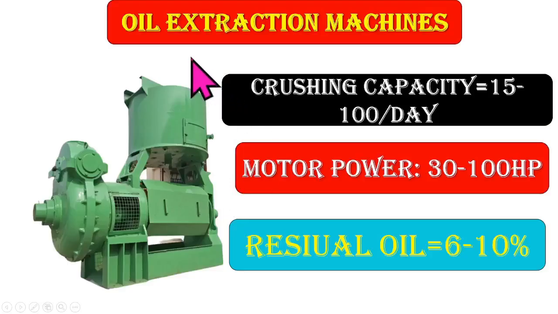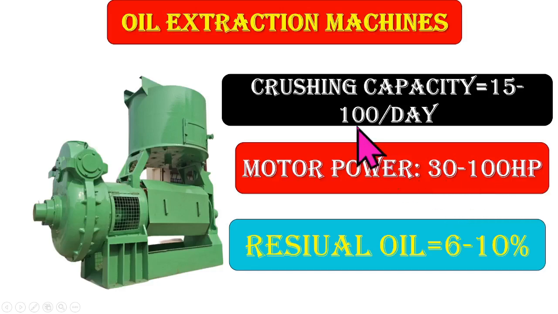The next system is the oil extraction machine, known as the expeller or screw press. Depending upon the size, the length and the cage size, the diameter of the screw will change and the HP of the motor will also increase. Usually using this type of expeller, we can crush 15 tons to 100 tons per day, and the motor power will be around 30 HP to 100 HP.